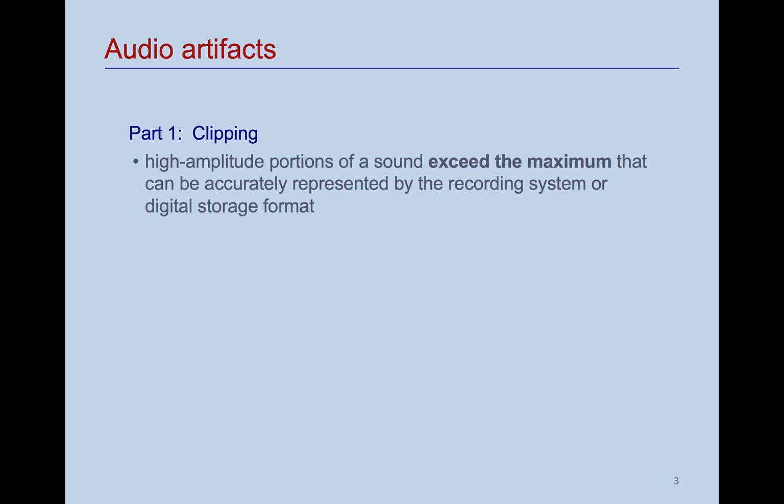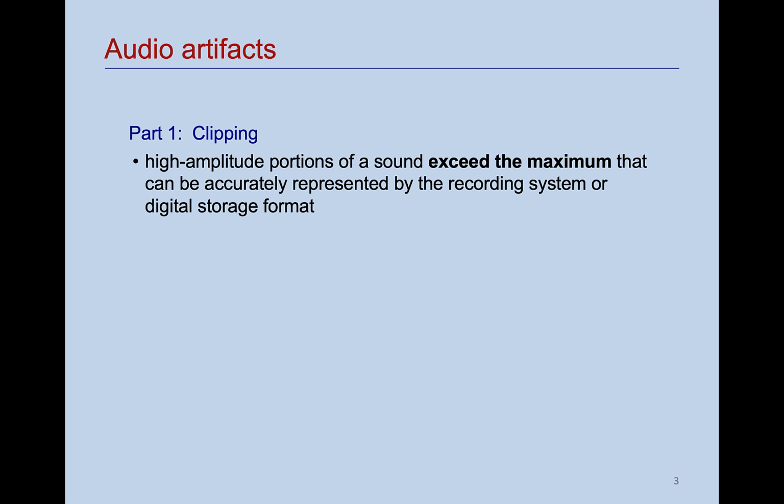We'll be covering the two most common types of distortion artifact in this and the next video. In this video, we'll be talking about the most common type of distortion, namely amplitude clipping, or simply clipping for short. Clipping is the term that's used for a type of distortion that occurs when high amplitude portions of a sound exceed the maximum that can be accurately represented by the recording system or by the digital storage format.